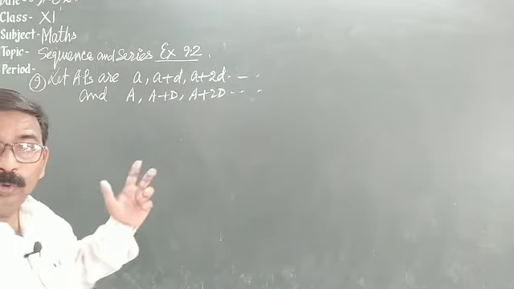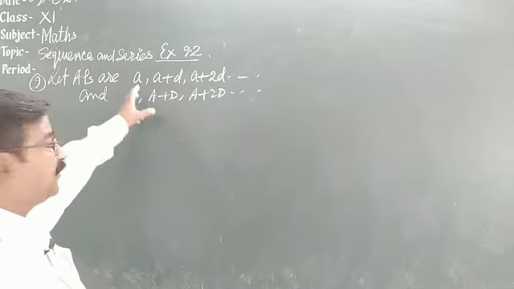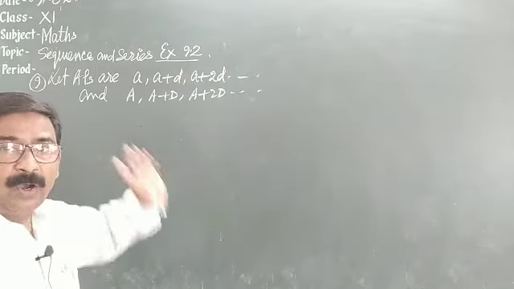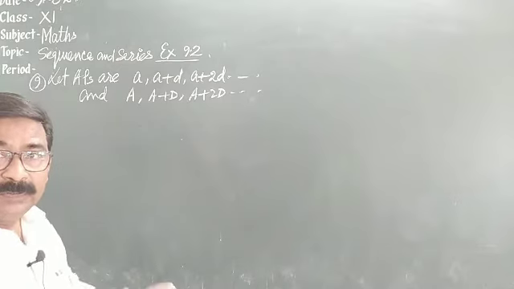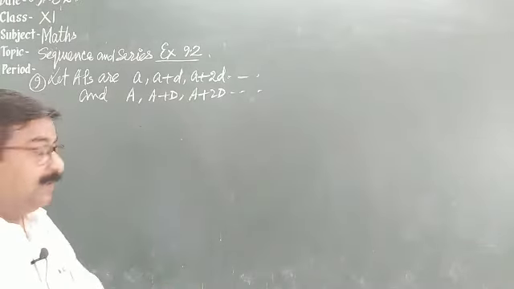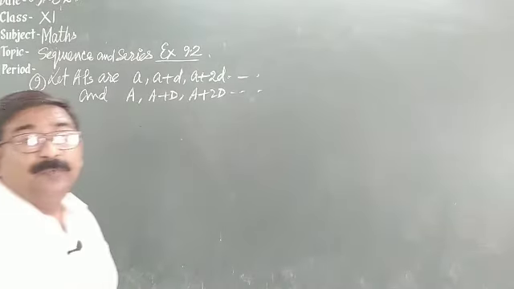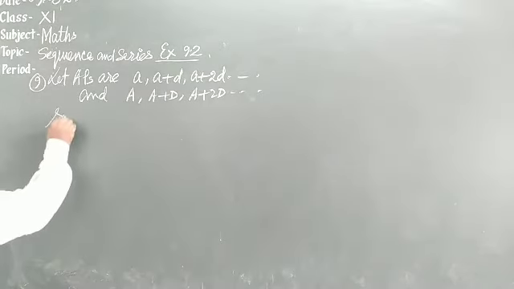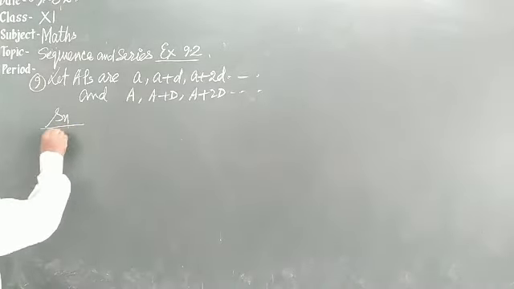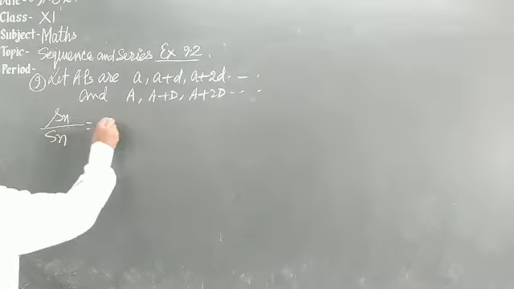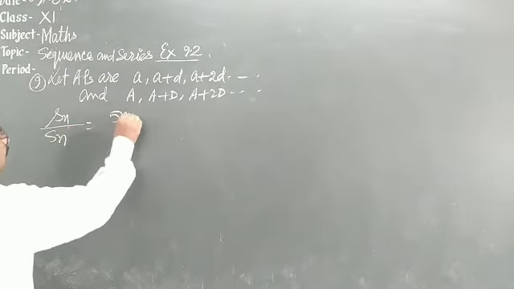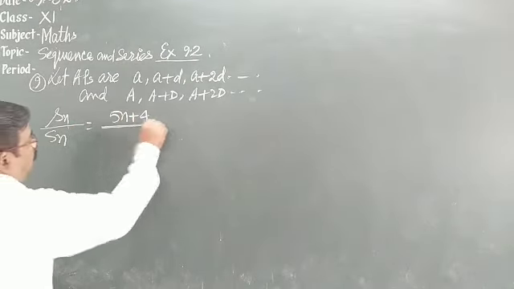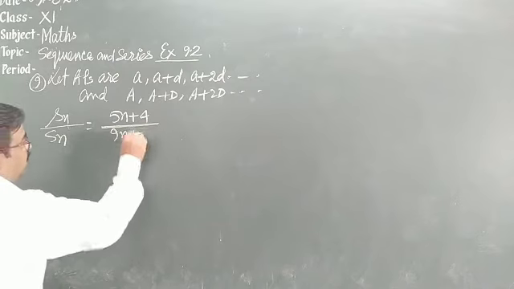Means in two APs I have taken two different values for first term and common difference. This is totally different. Now we are given sum of n terms. Means in the question we are given Sn upon Sn dash is equal to 5n plus 4 upon 9n plus 6.